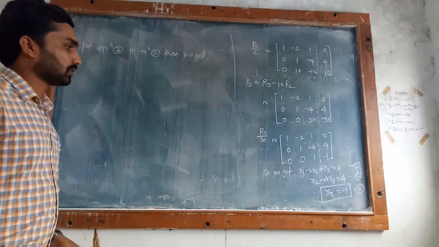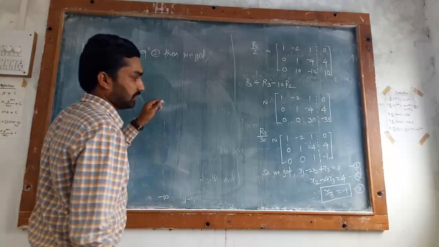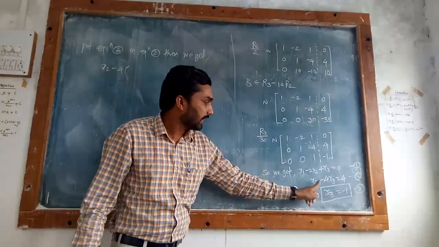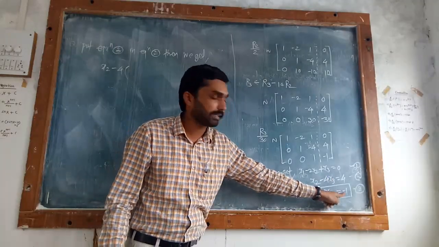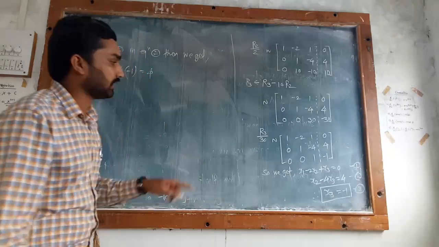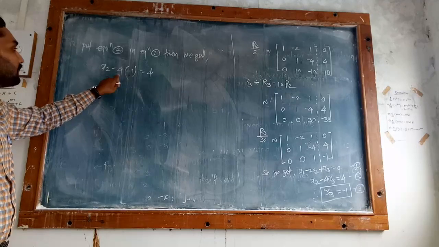What is your equation 2? That is x2 minus 4 into x3, and the value of x3 is minus 1. So x2 minus 4 into minus 1 equal to 4, right? So minus 4 into minus 1 is plus, becomes plus 4.